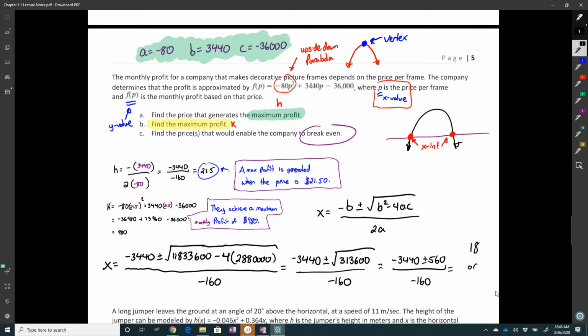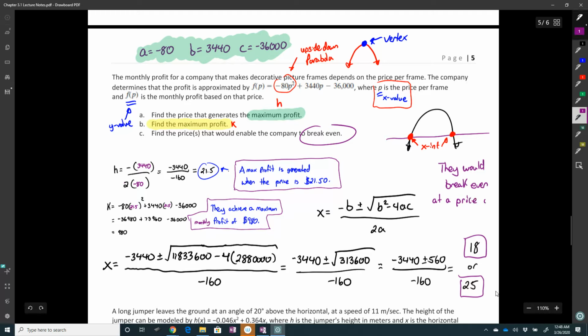So I get two answers here, 18 or 25. And so the price that would enable the company to break even is a price of $18 or $25.